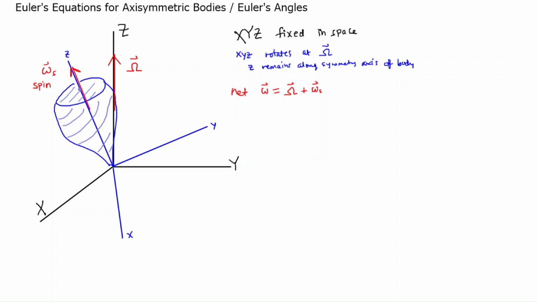Of course you never have to require anything, but in the past it was helpful to do that so that we could define them as principal axes and make sure that the products of inertia of the spinning body were 0.